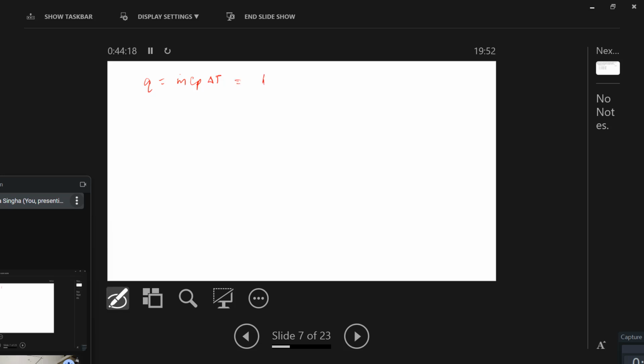So Q is also equal to h A times LMTD. Delta T is actually Tmo minus Tmi.